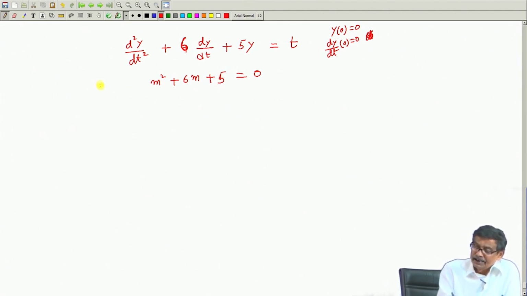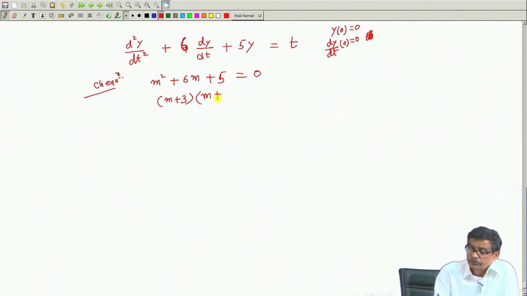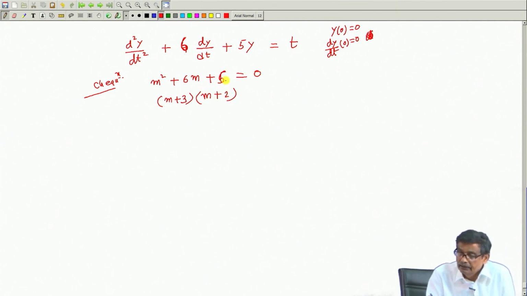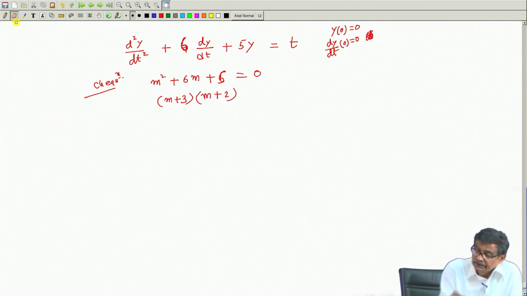So, this is the characteristic equation. On the right hand side, there is a forcing function which depends on t. It is a second order system, but let us see how simple it becomes. This can be written as m plus 5 into m plus 1, let this be 5, sorry.